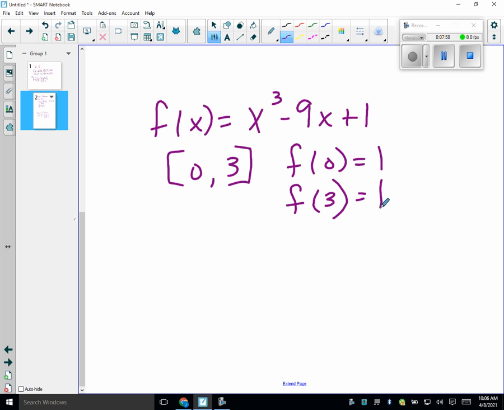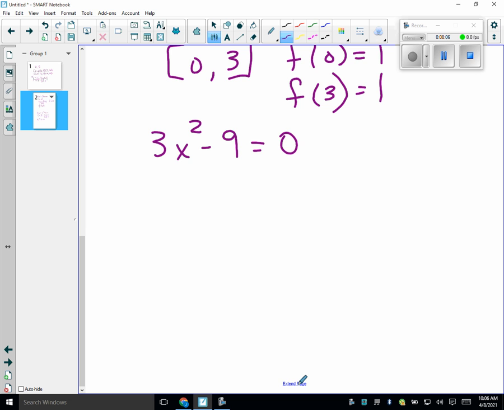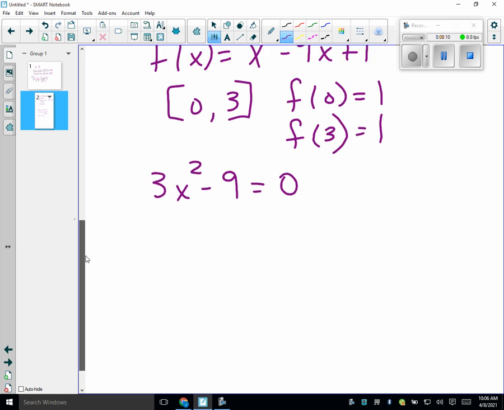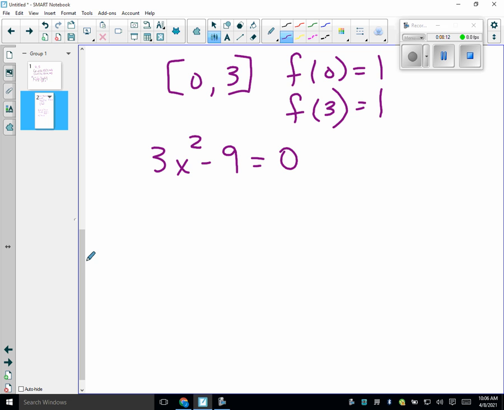For what x value does that happen? The derivative is 3x squared minus 9 equals 0, correct? So x squared equals 3. Will we have to write Rolle's theorem if we're doing this on the test? Probably not. It probably will be multiple choice.